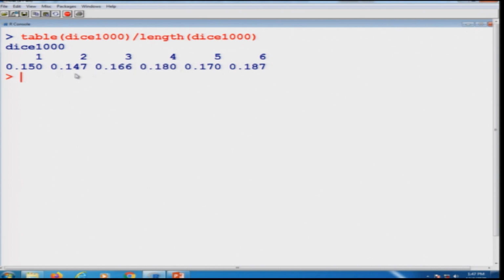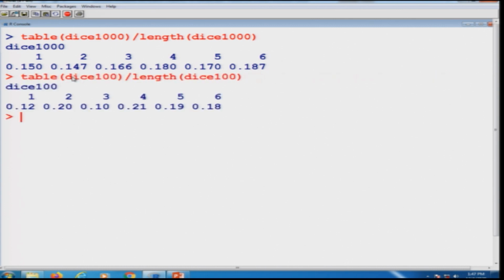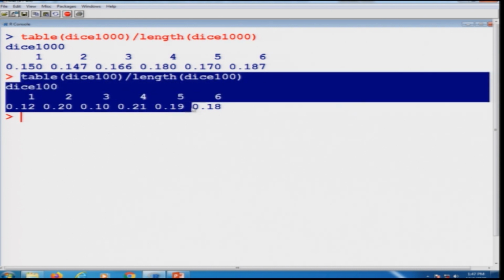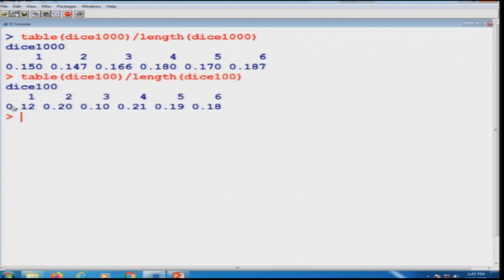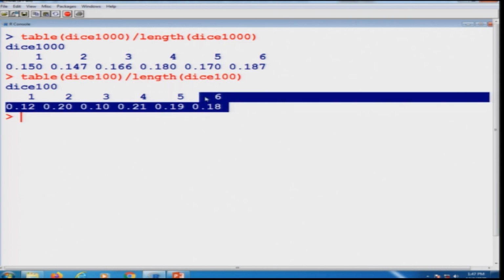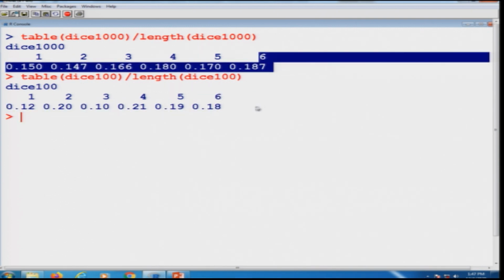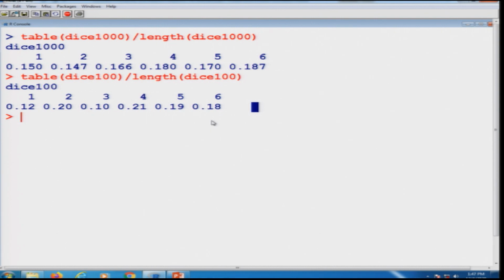You can see now the variation among these 1000 observations has become smaller. With 100 observations, you had these outcomes and these were the relative frequencies you finally obtained. You can compare these values and these values, they are quite different, right.